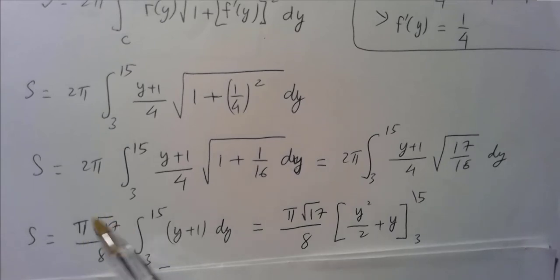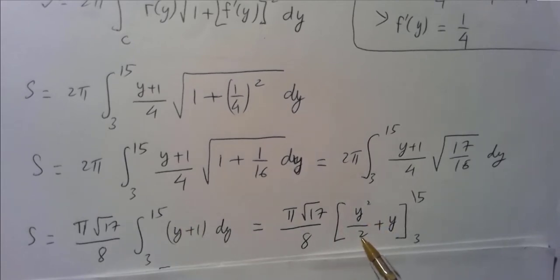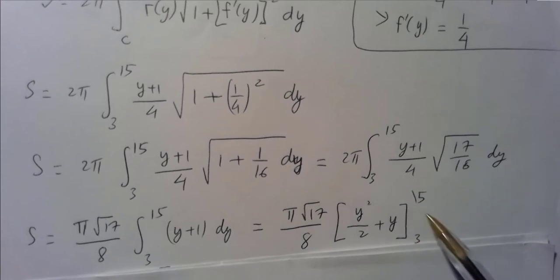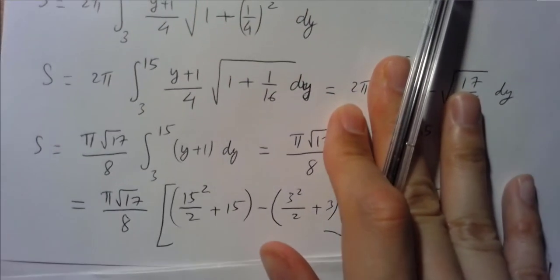And now we keep the whole constant here on the outside. This is the power rule: y squared, add 1 to the power, divide by 2. And then the 1 becomes y when we take the integral of 1. And then we go from 3 to 15. And then it's easy.